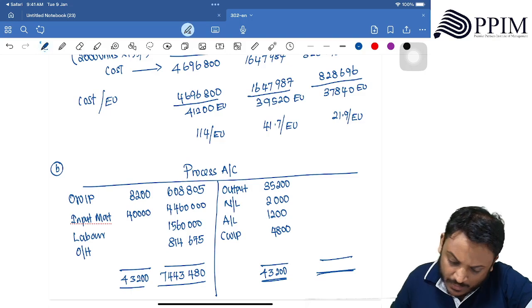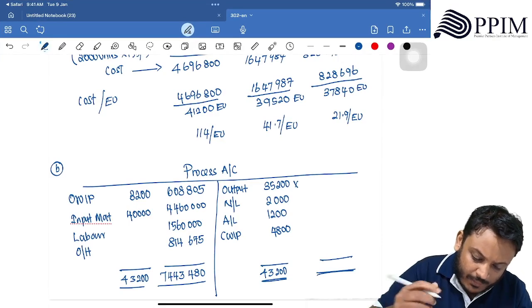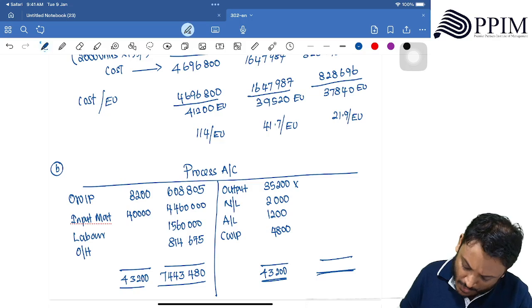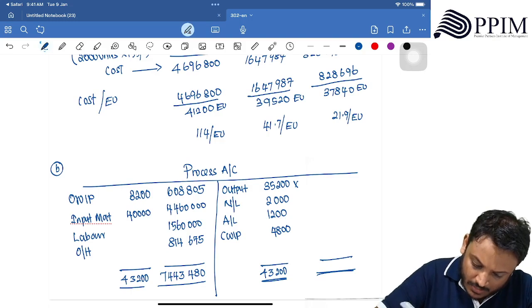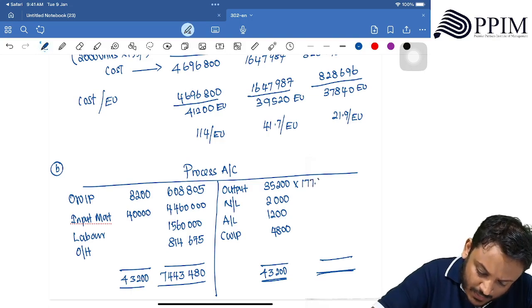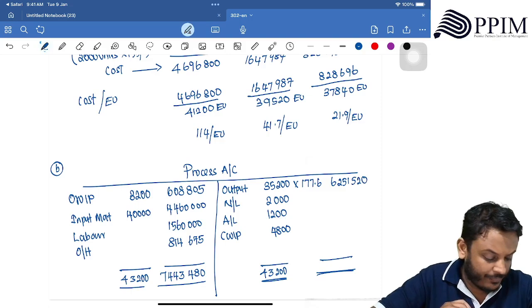35,200. Now I take the calculator. 35,200 multiplied by the equivalent unit cost we calculated, right? So it is 114 plus 41.7 plus 21.9, so it is 177.6. So the value is 6,251,520. I added all three, which is 100% completed.